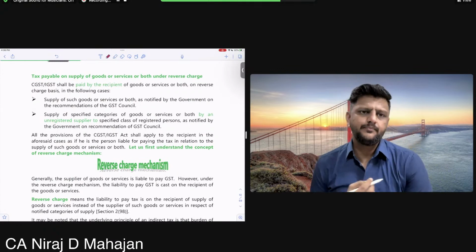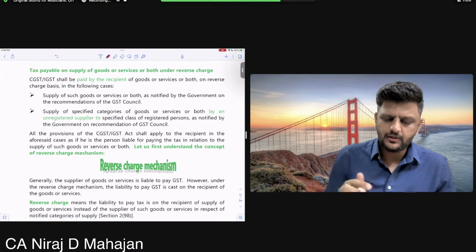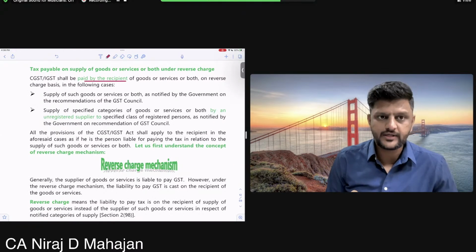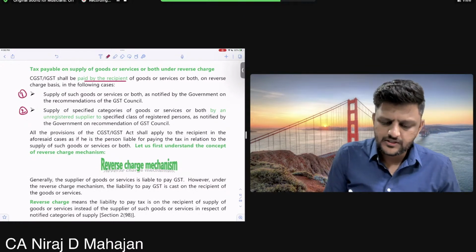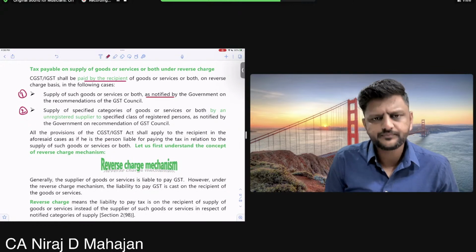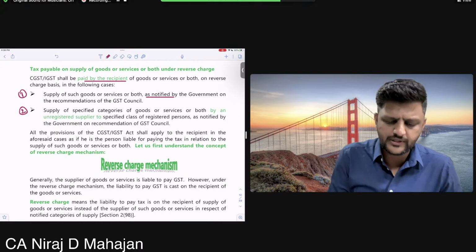So tax payable on supply of goods or services or both is under reverse charge. The tax will be paid by the recipient of the goods or services or both on reverse charge in the following cases. Case number 1, case number 2, pay attention. First one, supply of such goods or services or both as notified by the government. The notified goods and services, supply of those items.